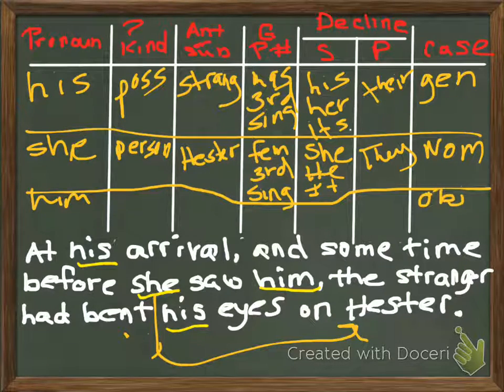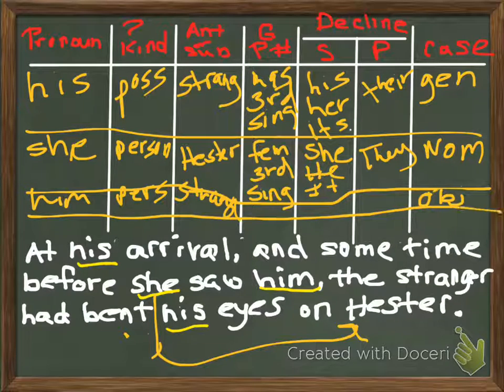Okay, what kind is it? It's personal. In the objective case. Who is it referring to? Stranger again. And we know that him is just like up above. It is masculine, it is third, and it is singular.